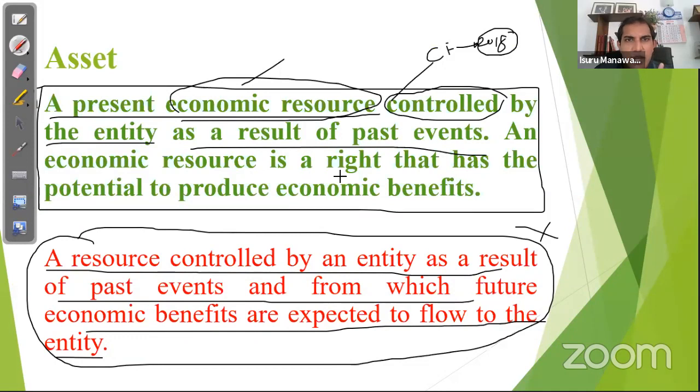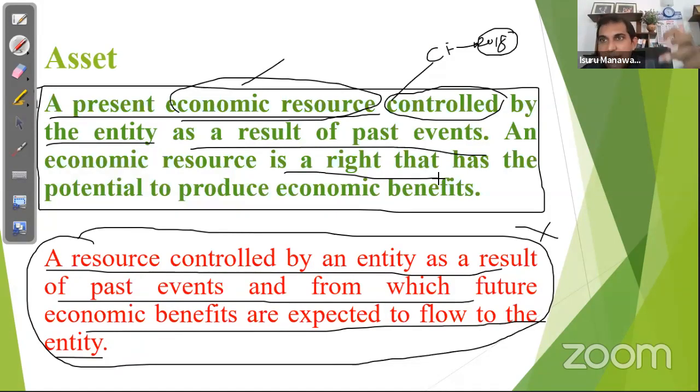Economic resource is a right. What do you mean by that? Now I hope many of you have heard about leasing, right? In leasing, we sign an agreement with a leasing company. Suppose the entity needs to acquire a motor vehicle through a leasing agreement.